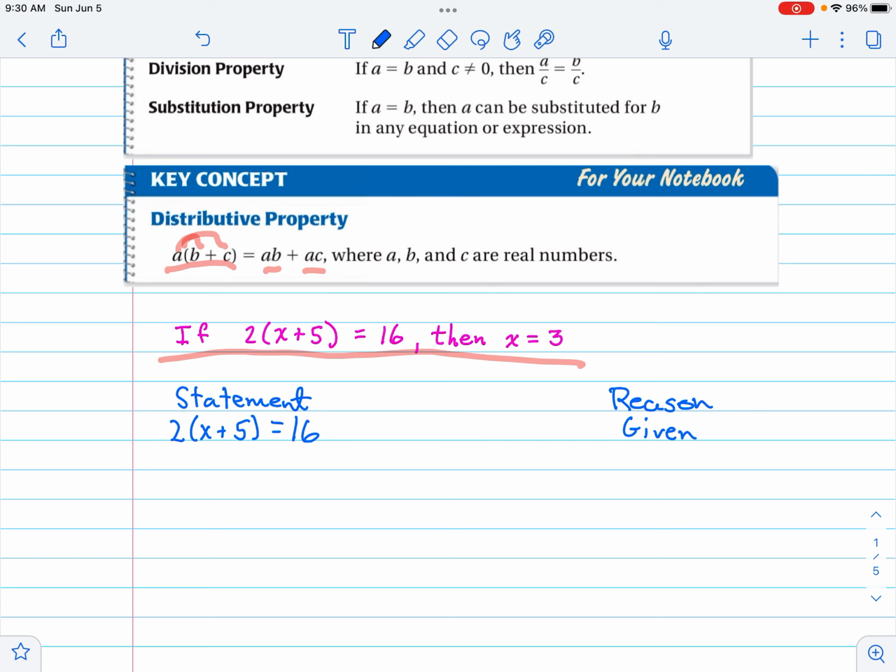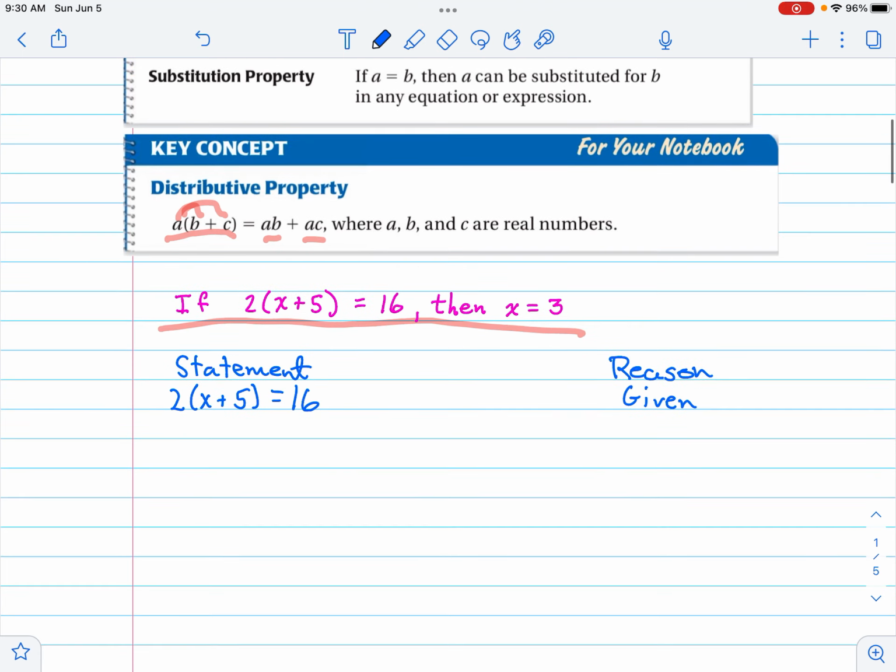So 2 times (x plus 5) equals 16, that's given. Now, the next step, I'm going to clear my parentheses: 2x plus 10 equals 16. And that is the distributive property. Now, we know how to solve this equation, but we're going through it with a little rigor here.